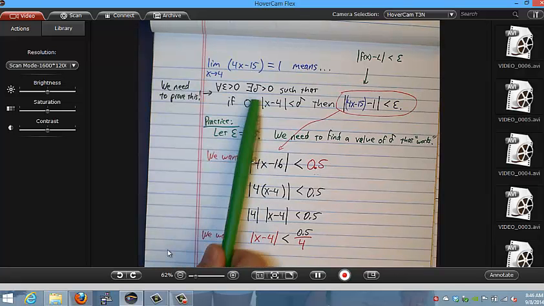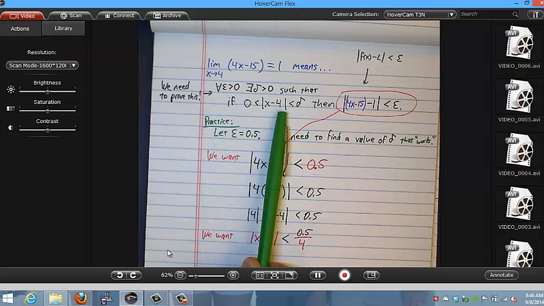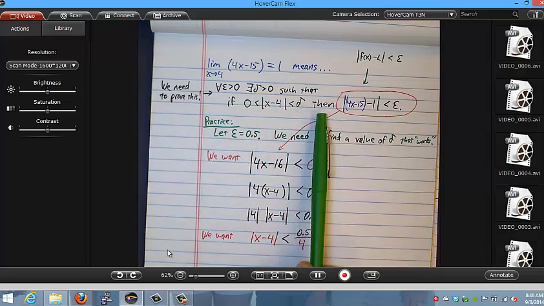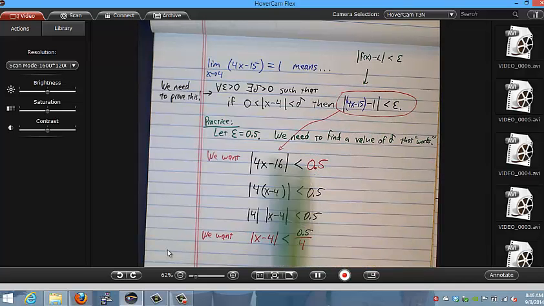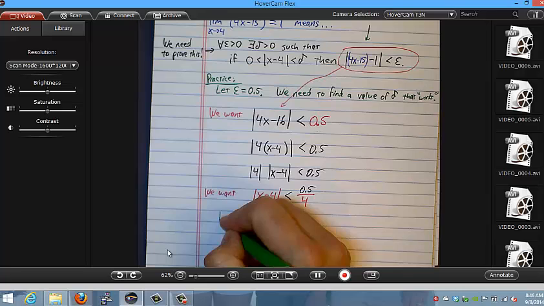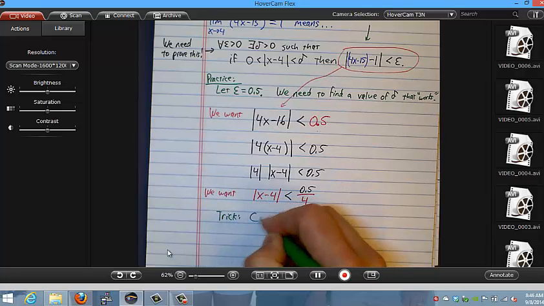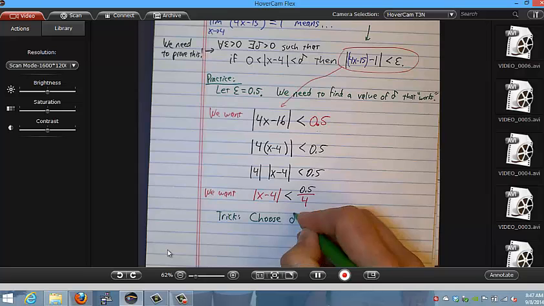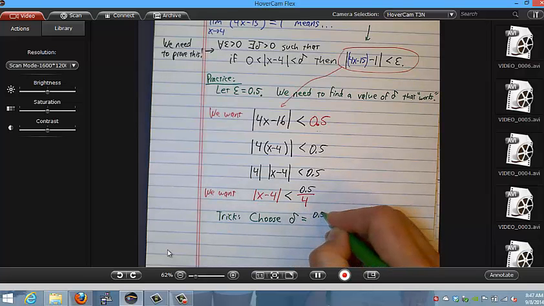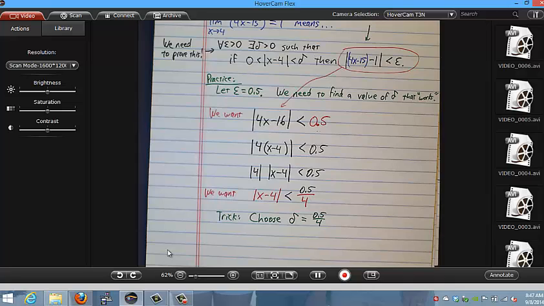It says we need to find a delta so that if 0 is less than the absolute value of x minus 4 less than delta, then this will happen, this thing that I want to have happen. And so the trick is choose delta to equal 0.5 divided by 4. If you do that, it works.